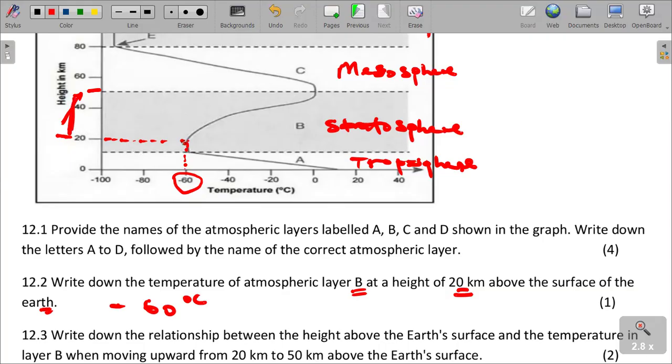As we can see here, it goes to 40, and then it goes up again to 50. So we are saying temperature is increasing with increase in height.